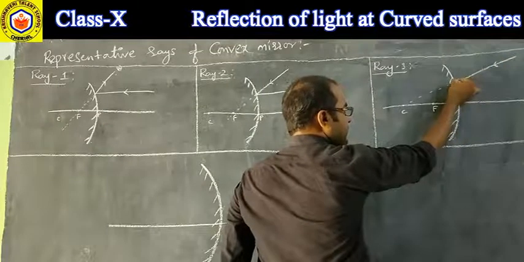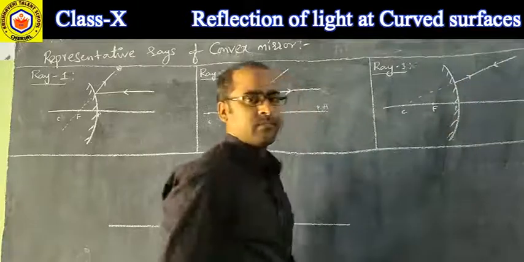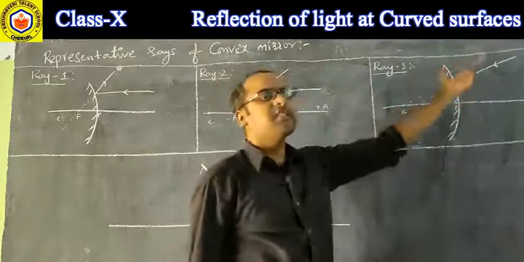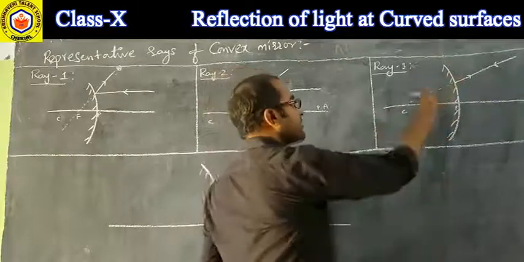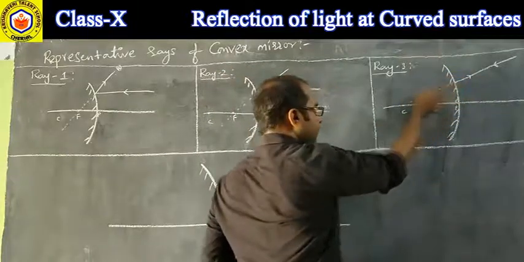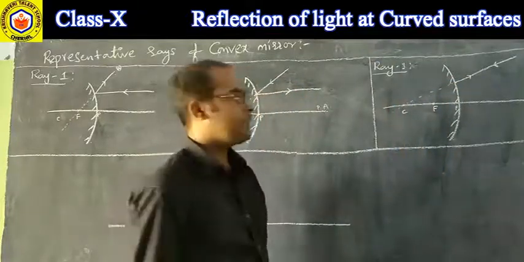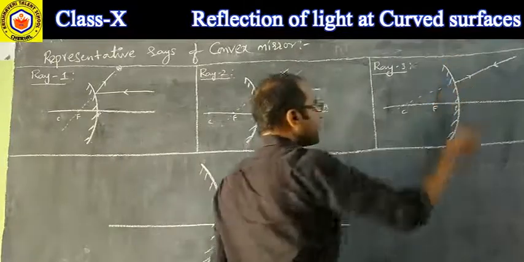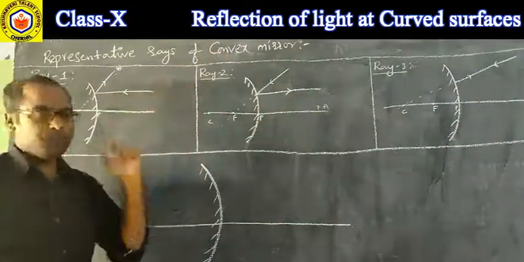When it gets incident here, it will be reflected back from here itself. So it retraces the same path, that is, it reverses its path. When you extrapolate this ray, it appears to pass through the center of curvature. So this is ray 3. So ray 1, ray 2 and ray 3.